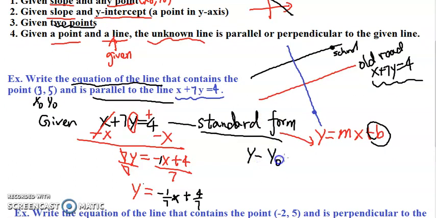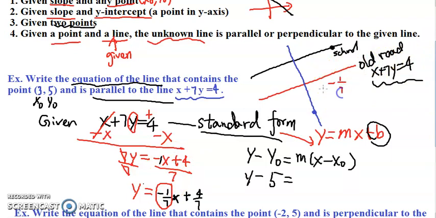y minus y0 equals m times x minus x0. And we plug in numbers. Now we have y0, which is 5, equals m, which is negative 1/7. Negative 1/7 is the slope for the old road, how steep the old road is.